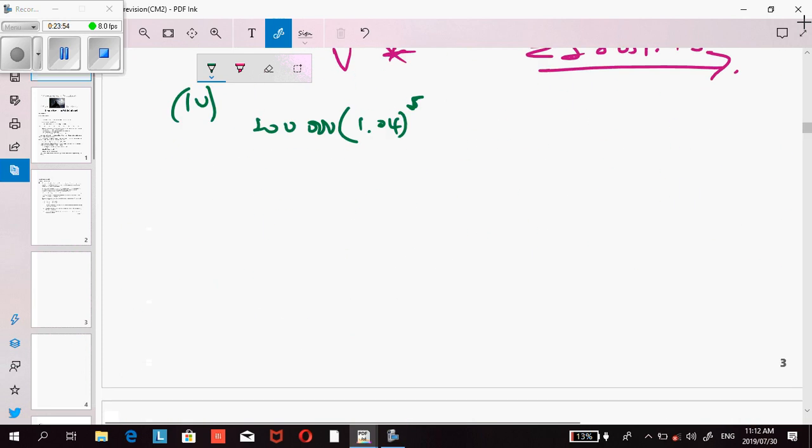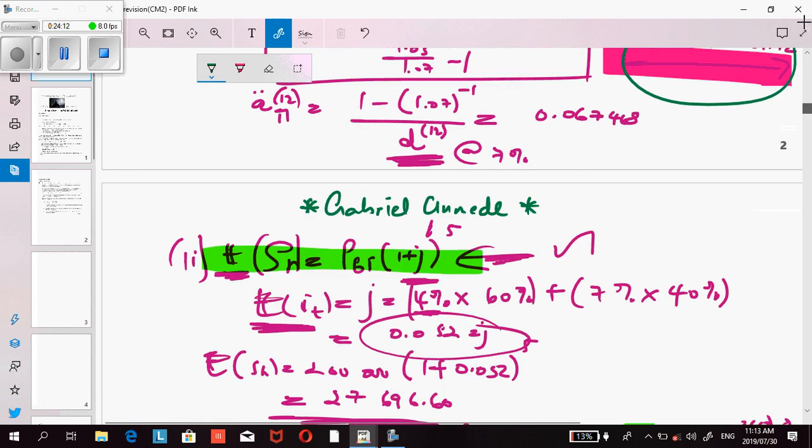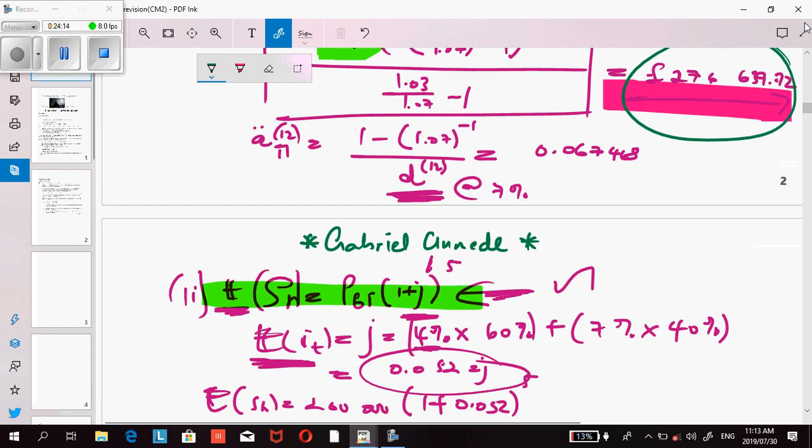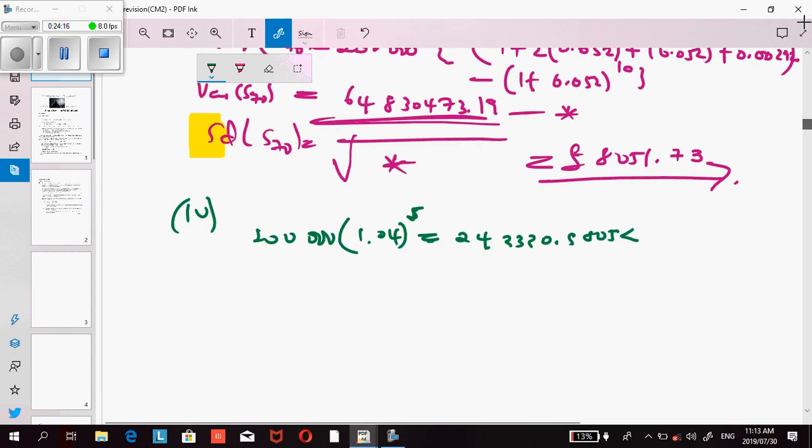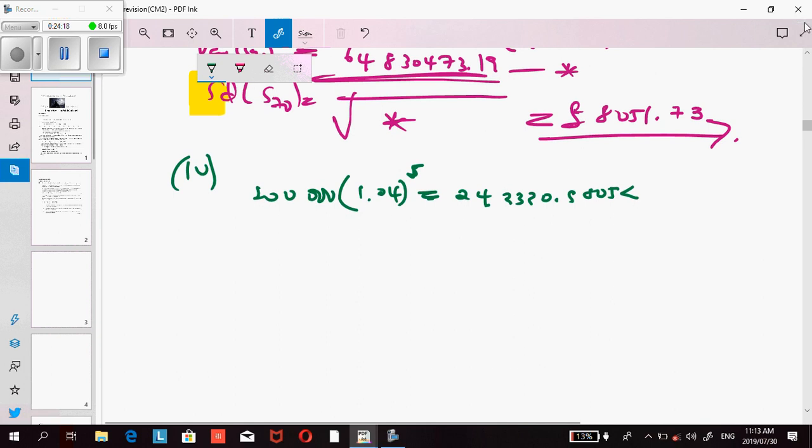So I'm going to accumulate this for 5 years, and I'm going to get the value of 243,330.5805. Now you can see that's clearly less than the annuity we want to purchase, which is this amount, 285,295.68. So we can't take that combination.